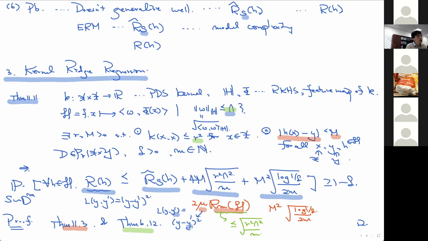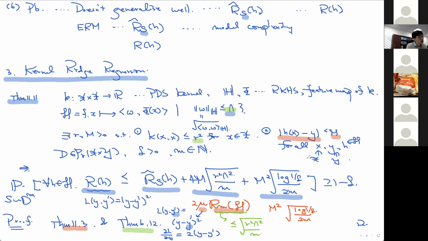The Lipschitz constant is essentially an upper bound on the derivative. So if you take the derivative, that's going to be 2 y prime.